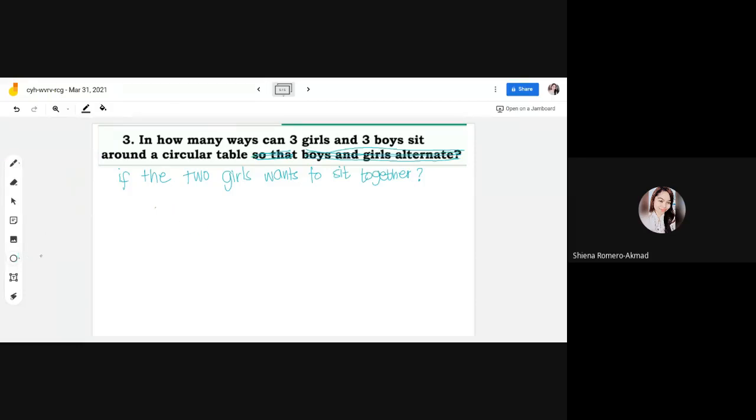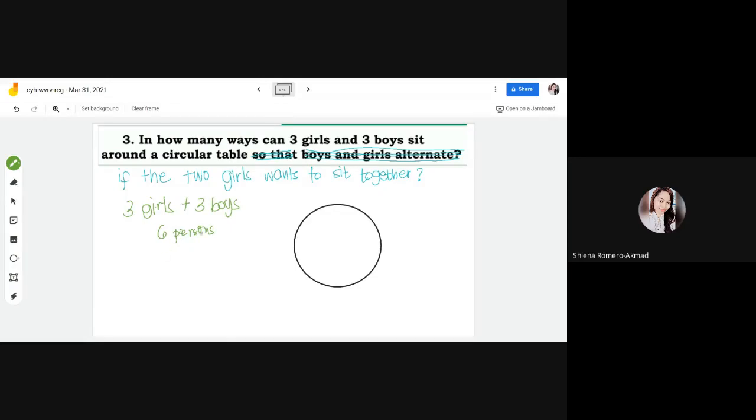So in a round table, dahil tatlo yung girls, tatlo yung boys. Pag binilang natin sila all in all, di ba, 6? Right? 6 sila. 6 people, persons.